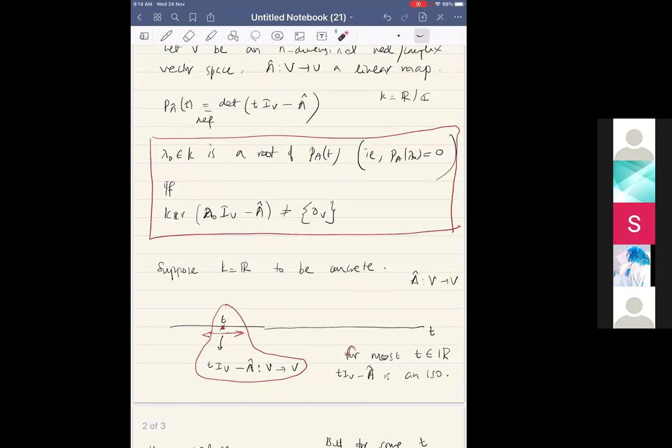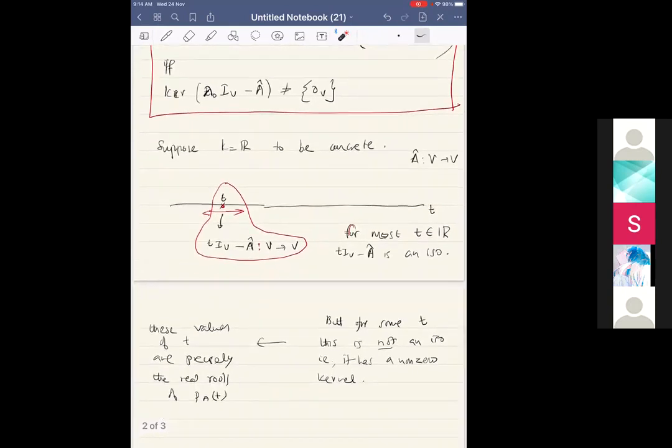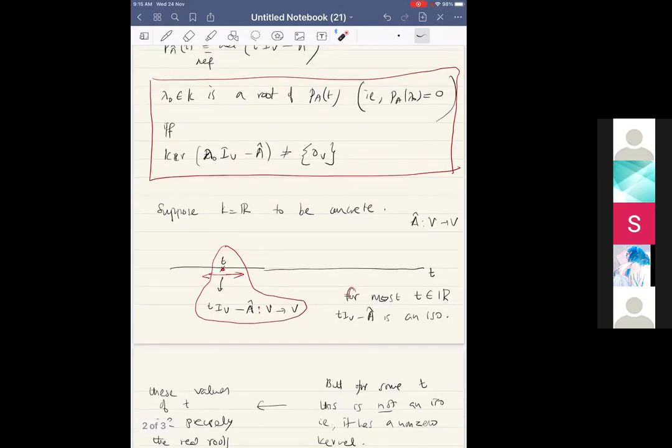You start with a finite dimensional, n-dimensional vector space, and a linear map. So Â is fixed, but then I want a family of linear maps depending on a real number, and that family is, for every real number t, I consider this linear map from V to V.